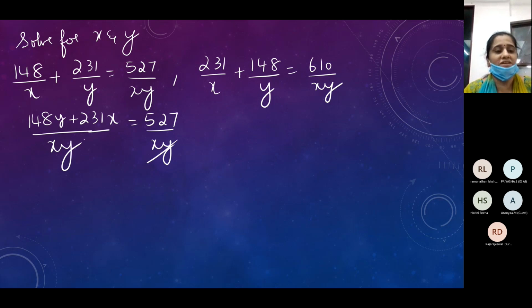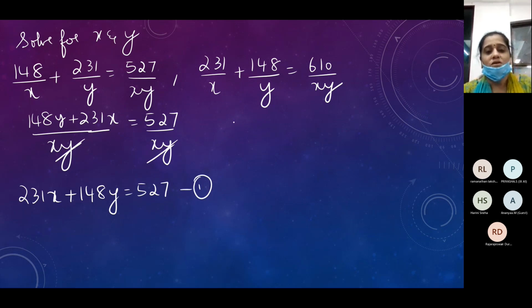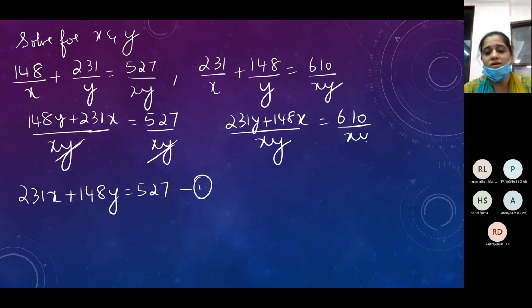So xy on either side gets cancelled. So 231x plus 148y is equal to 527 is the first equation. And here xy, so 231y plus 148x is equal to 610 by xy. xy cancels. 148x, we'll write the x term first, then the y term is equal to.